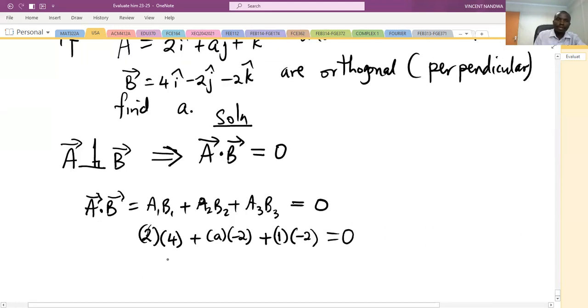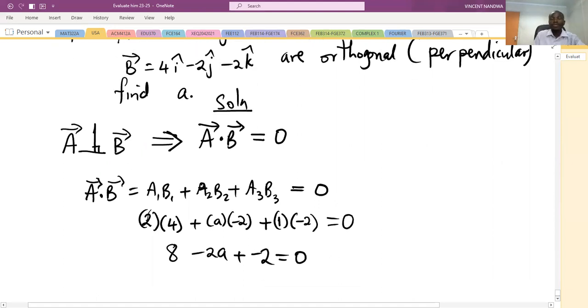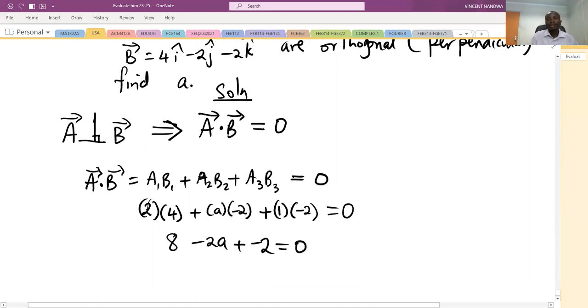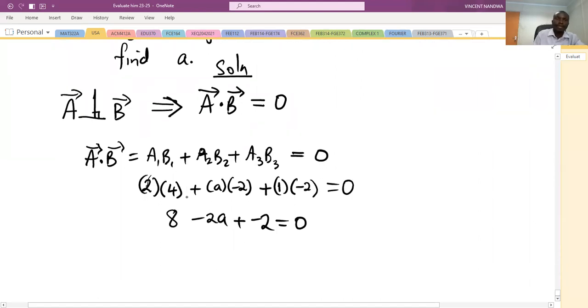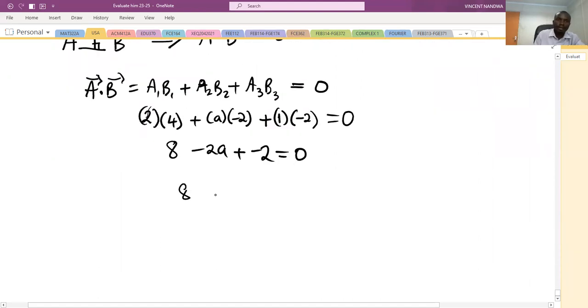So 4 times 2 is 8. So minus 2a plus minus 2 equals to 0. So now we are just reducing the problem to solving a linear equation in a. So this is the same as 8 minus 2a minus 2 equals to 0. So 8 minus 2 minus 2a equals to 0. 6 minus 2a equals to 0.